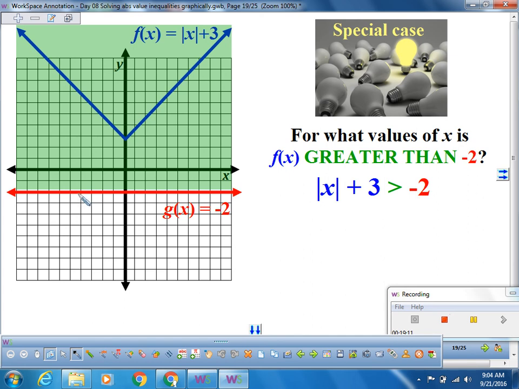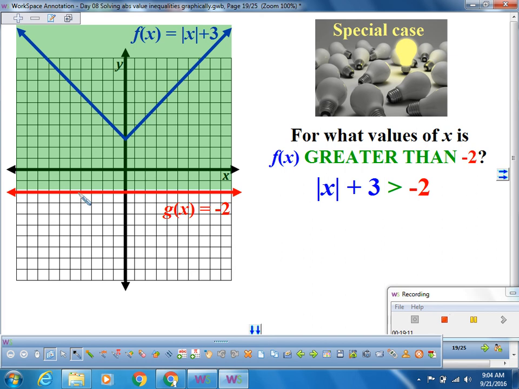All right? Where is the V, the absolute value graph, greater than the line? Where is it greater than the red line? What part of the graph is greater than the red line? The whole thing. So what do you think the solution is? All real numbers, because the whole graph.